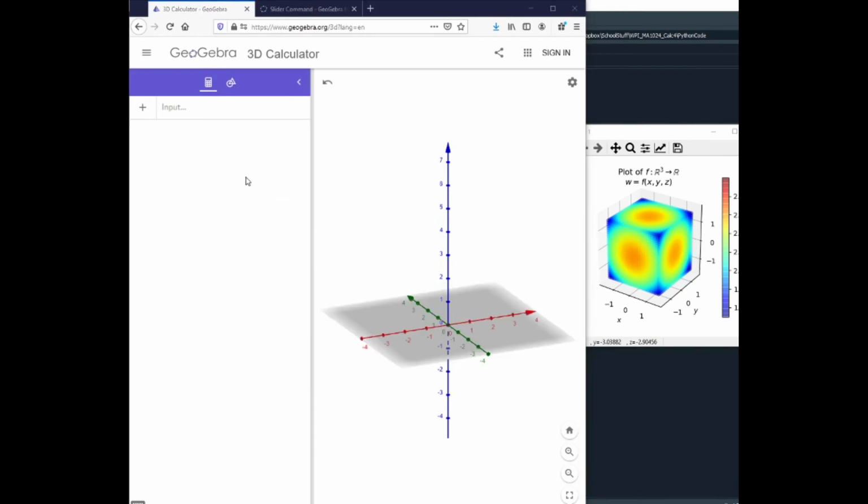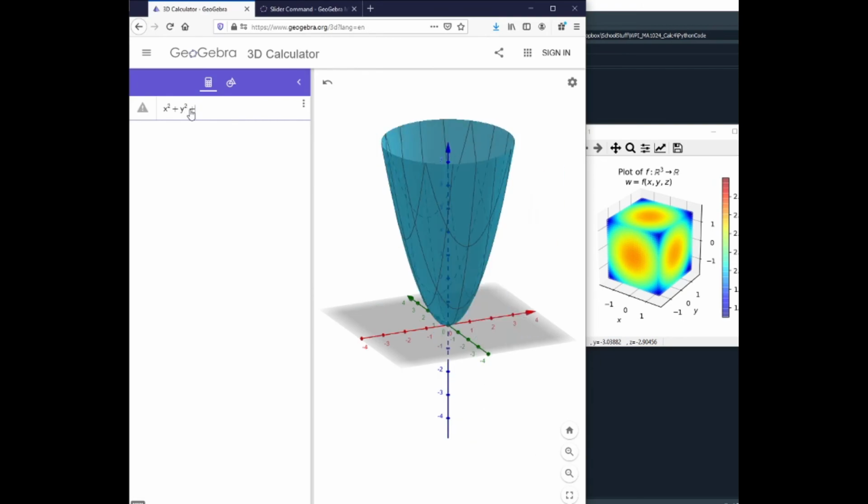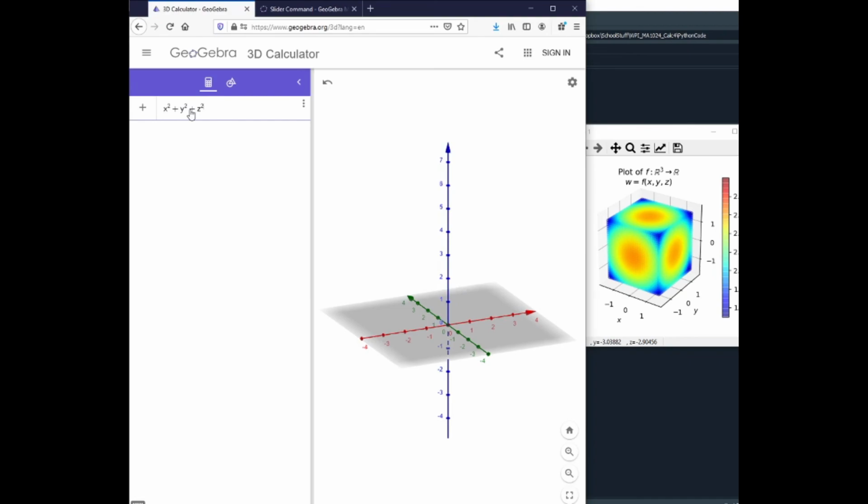You'll remember that for this example, we showed that values in the range are related to values in the domain x, y, z by the equation x squared plus y squared plus z squared is equal to 9 minus c squared.